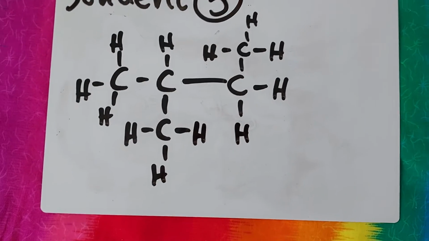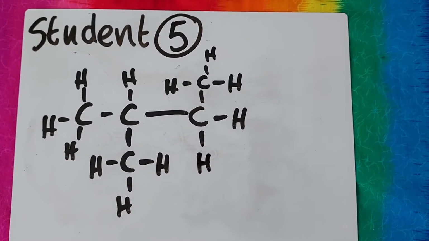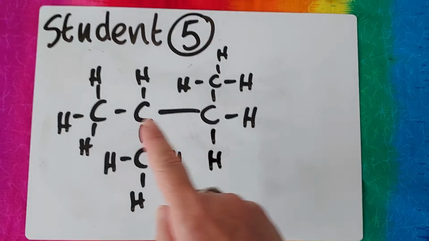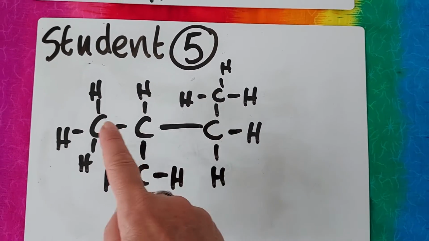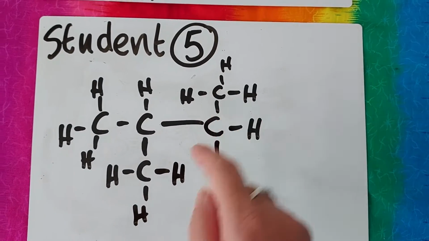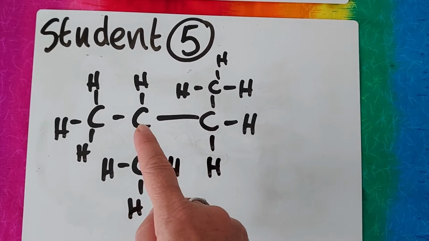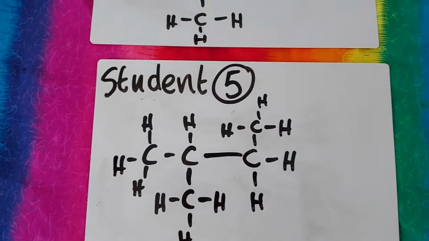Go to student 5's, which looks completely different just because it's been drawn differently. 1, 2, 3, 4. That's the longest carbon backbone, methyl group coming off carbon atom 2.